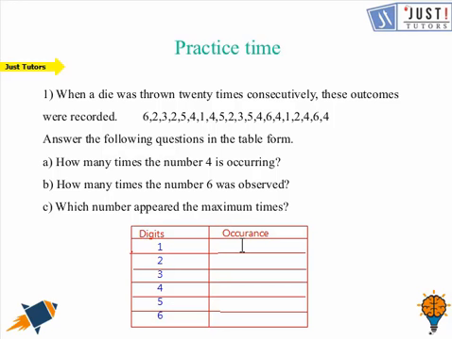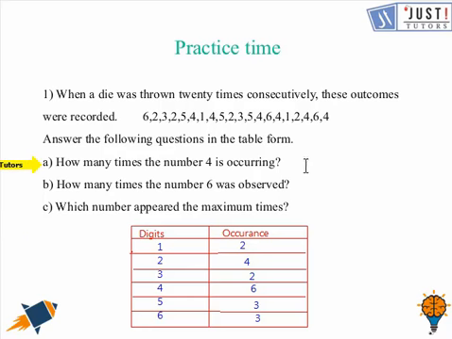If we look at the data once, the 1 is appearing 2 times. 2 is there 4 times and then 3 is there 2 times. Likewise, number 4 is there 6 times, number 5 is there 3 times and number 6 is there 3 times. Now we are ready to answer these questions.